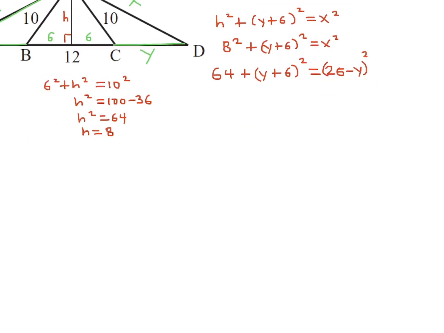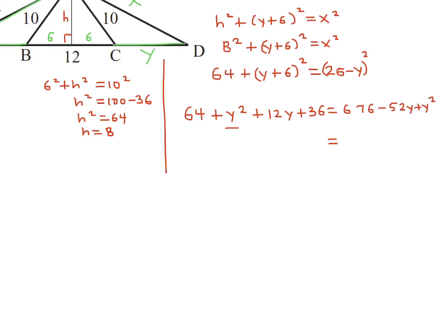So let's solve for this. 64 plus y squared plus 12y plus 36 is equal to 26 squared, which is 676, minus 52y plus y squared. Y squareds cancel.